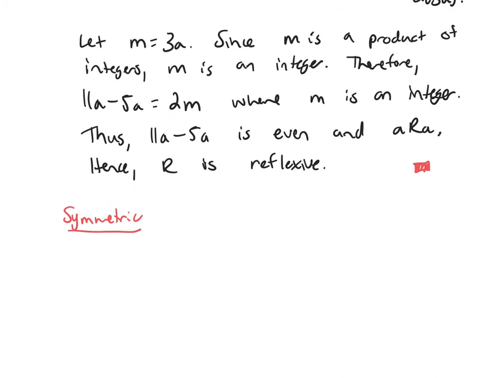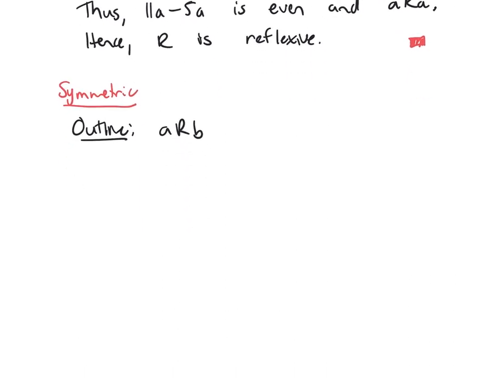So let's think about this, right? Maybe even think in terms of an outline of the proof. We're going to assume that X is related to Y, or maybe I'll say, instead of X and Y, I'll go with A and B. A is related to B, right? That's the start of our proof.